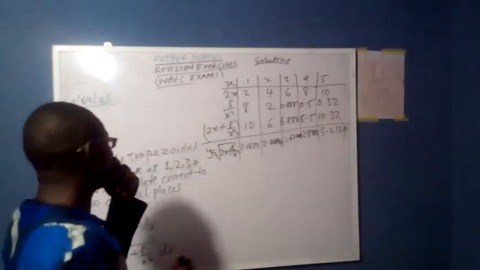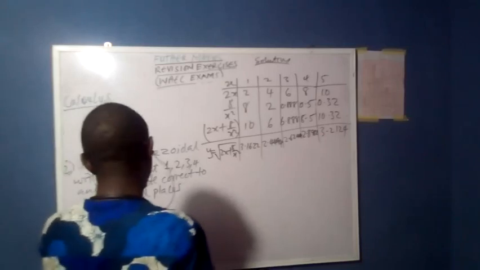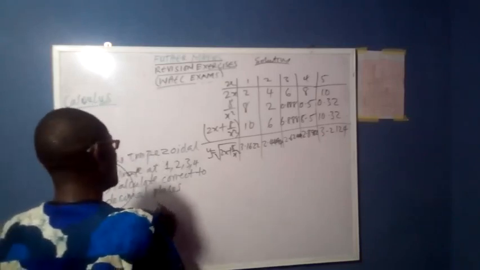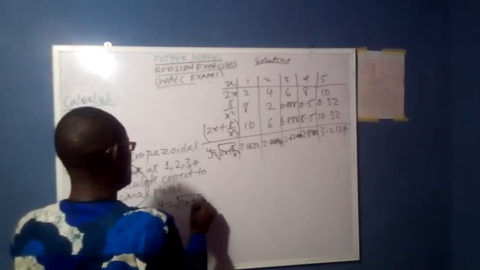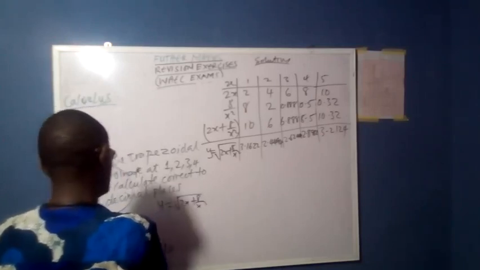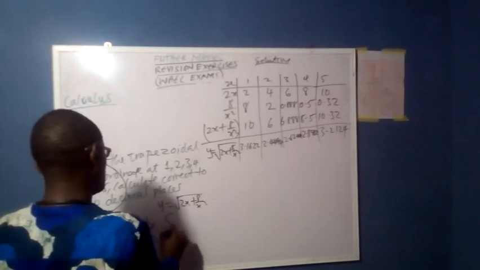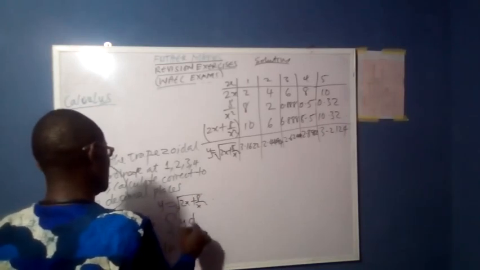So now, how are we going to use this table? You know that our y is equal to the square root of 2x plus 8 over x squared. So this integral is actually the integral from 1 to 5 of y dx.